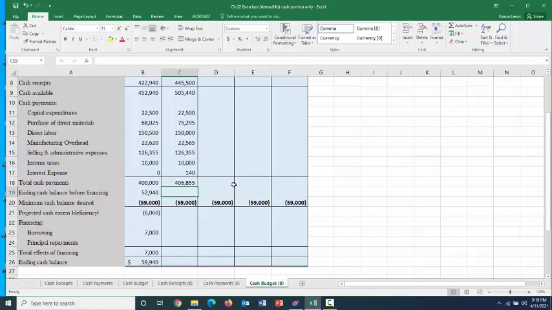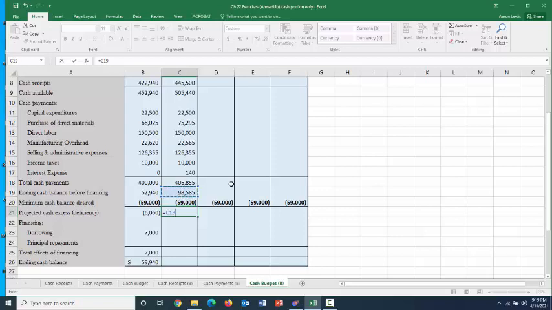So what is our ending cash balance before financing? Well, it's just our cash available to us less our cash payments. $505,440 minus $406,855 means that after they get done collecting from other customers and then paying for all of their normal operating expenses, Armadillo Phone Cases is going to have $98,585 in ending cash before the effects of financing, which means they are well in excess of their $59,000 minimum balance.